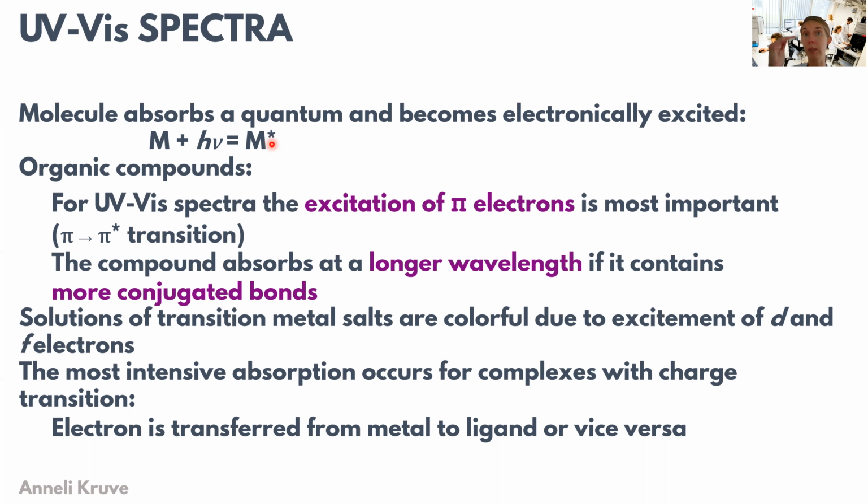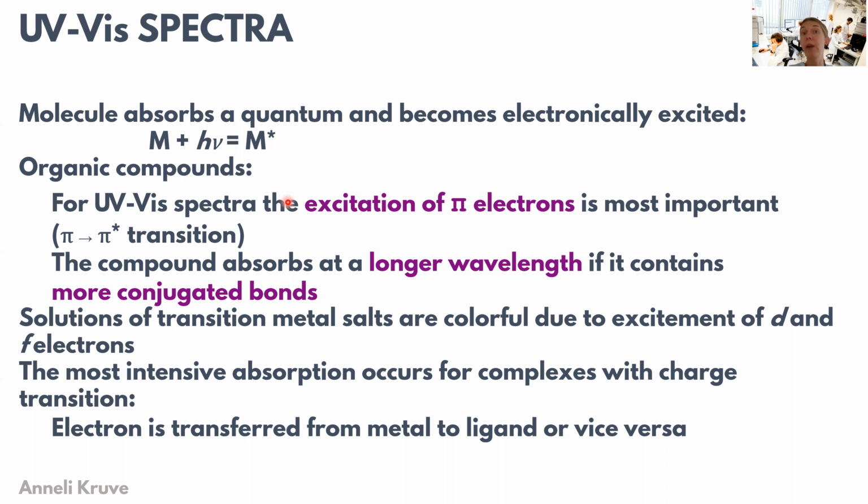In order for these molecules to absorb in the ultraviolet visible light region, the difference in the energy of the ground state and the excited state has to match the wavelength which we are exposing our molecules to. So when we have very energetic quanta, for example in the vacuum UV region, below 190 nanometers, then very many molecules are absorbing because this wavelength is energetic enough to cause excitation for many molecules.